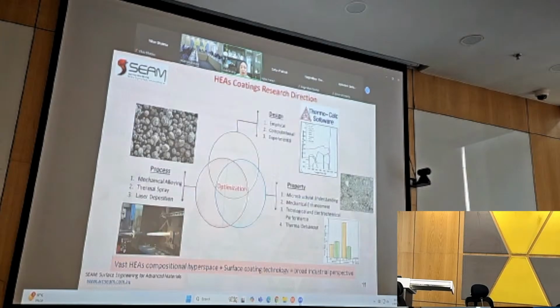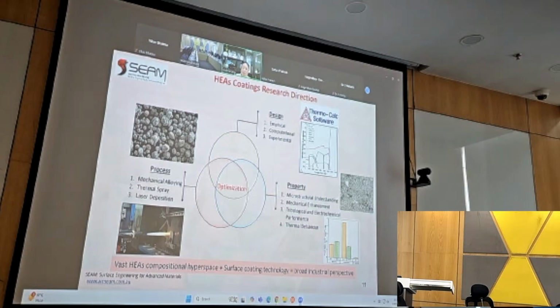The direction that our group does is we don't only work on the coating, but we also work on both designing and matching the properties. So we often have an iterative design whereby we look at, okay, how do we want to design this? What are the phases that we want?